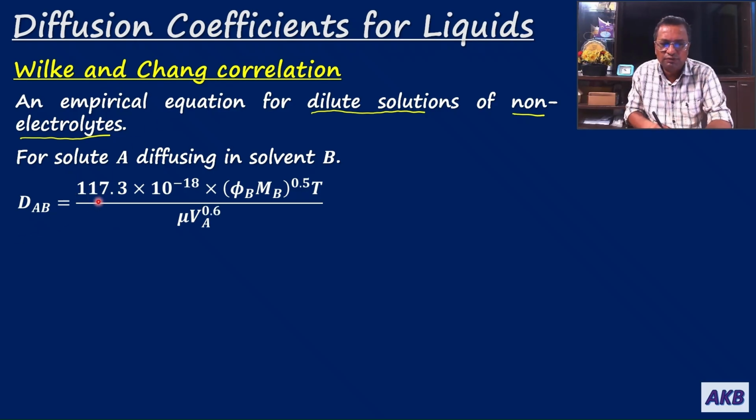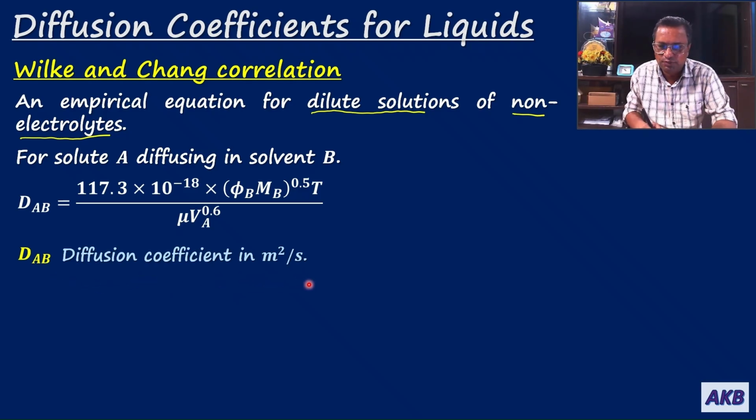DAB is equal to 117.3 into 10 to the power minus 18 into phi B into MB, raised to 0.5, into T divided by mu into VA raised to 0.6. You can see there is no pressure in this equation, which indicates that diffusion coefficients for liquids are independent of pressure. Now in this equation, DAB is of course the diffusion coefficient in meter square per second.